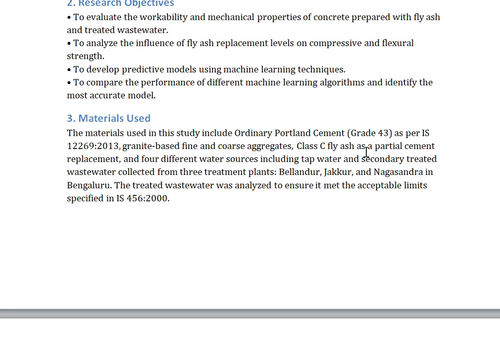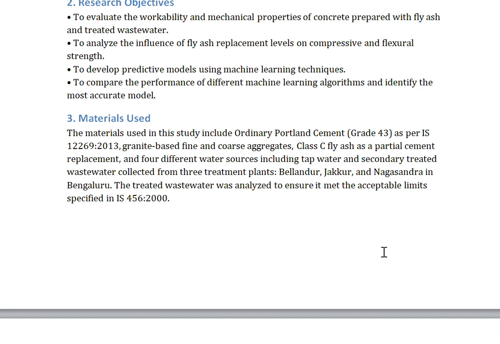Now we will discuss the materials used in my research. The materials used in this study include ordinary Portland cement, grade 43 as per IS 12269 2013, granite based fine and coarse aggregate, Class C fly ash as a partial replacement, and four different water sources including tap water and secondary treated wastewater collected from the three treatment plants Belendur, Jakkur and Nagasandra in Bangalore.